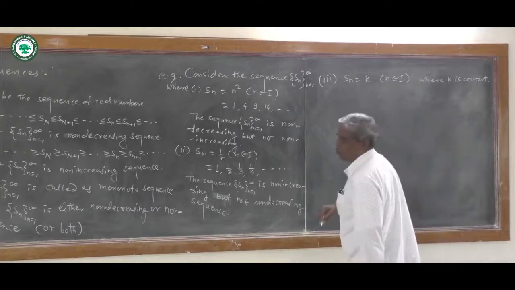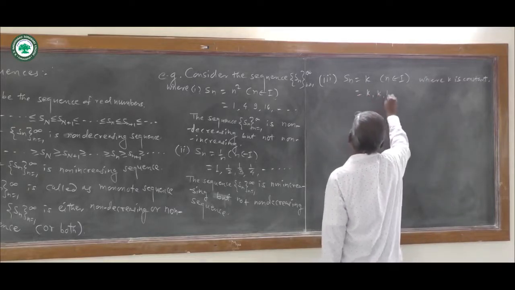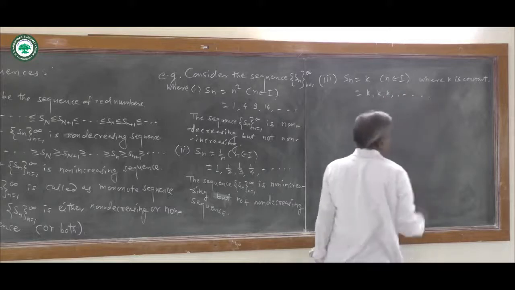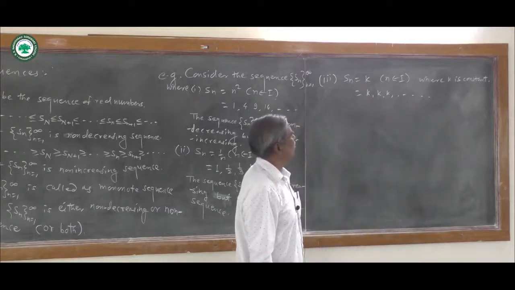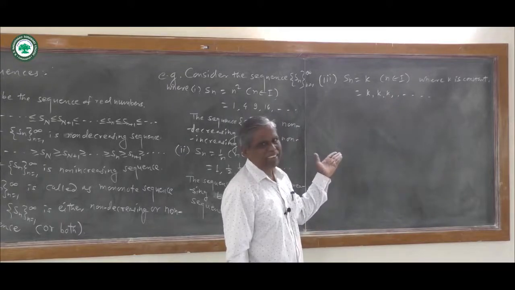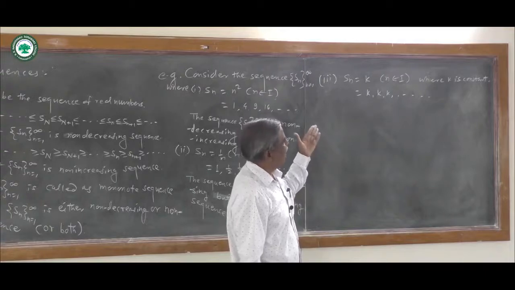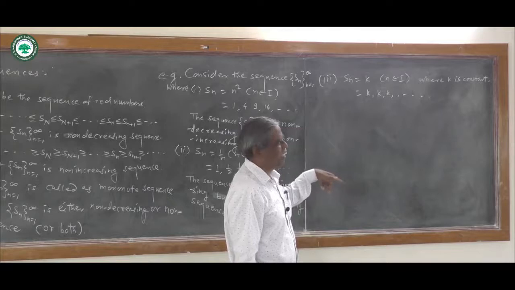That sequence is, first term is k, second term is k, third term is k and so on. This sequence is non-decreasing and it is also non-increasing.